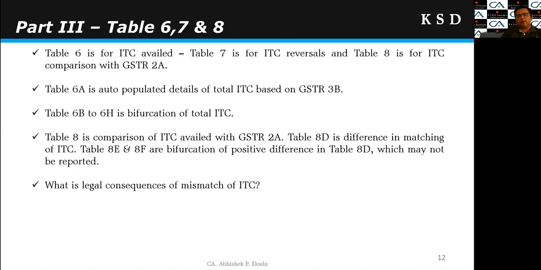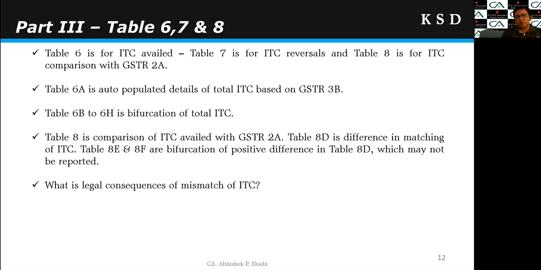Now let's talk about Tables 6, 7 and 8. These are the input tax credit tables. As we all know, Table 6 is for the ITC availed, Table 7 is for ITC reversal, and Table 8 is for the ITC comparison with GSTR 2A. If we keep this structure in mind, it will be helpful in compiling the data for GSTR 9.